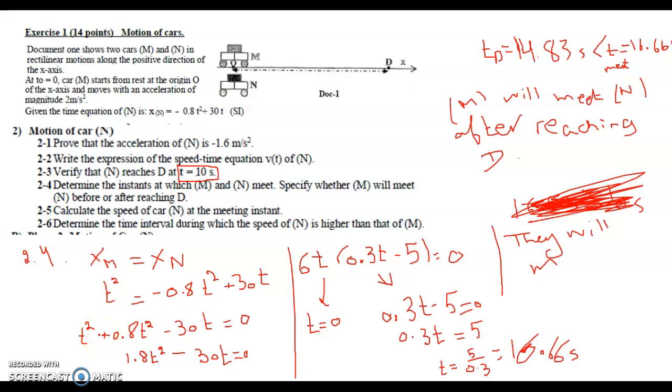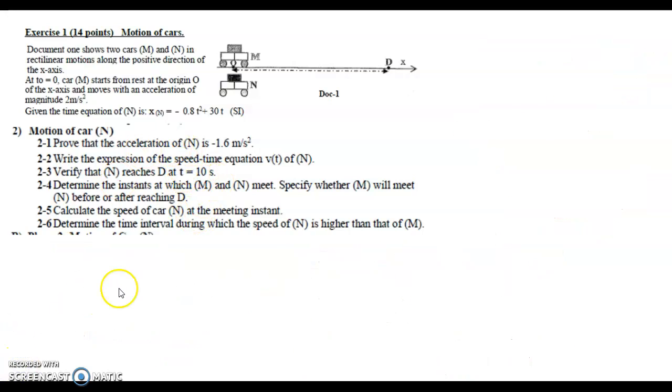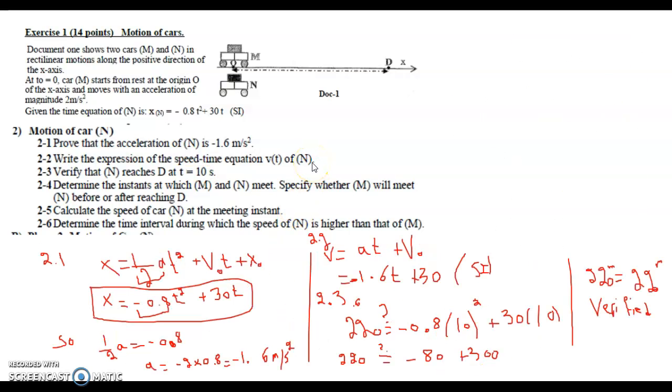Now calculate the speed of car N at the meeting instant. Calculating the speed of the car, we have to refer to the speed-time equation of the car N. The speed-time equation of the car N was found in part 2.2. Refer to it.